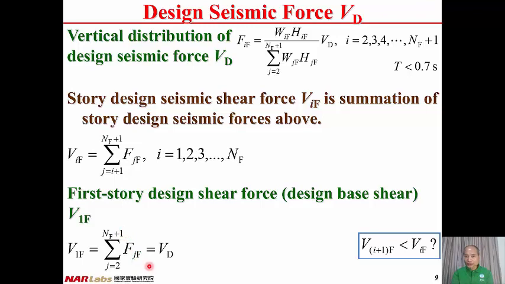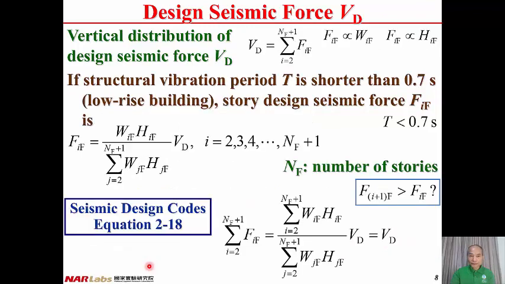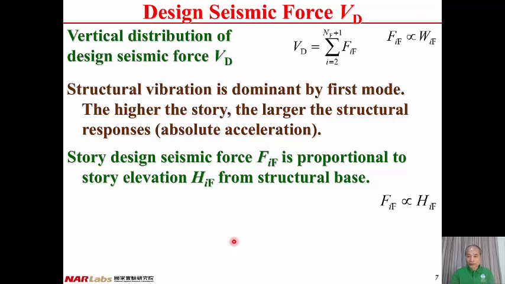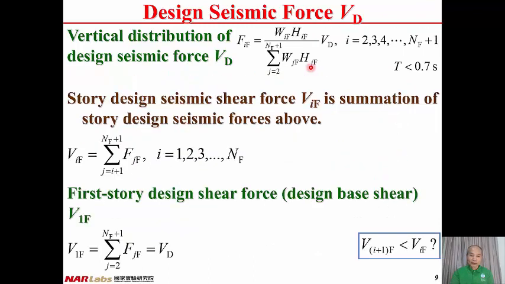Then according to the relationship here, the design shear force of the first story equals the design base shear.